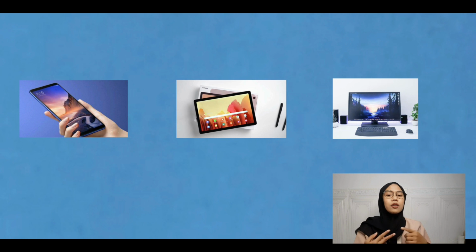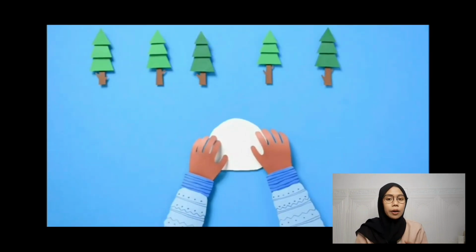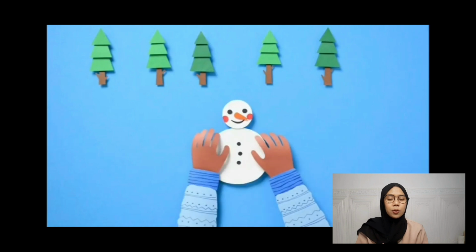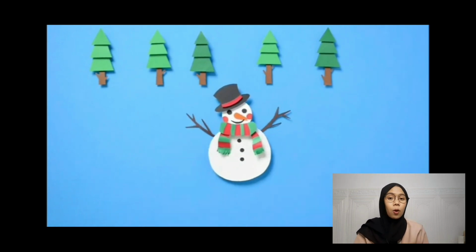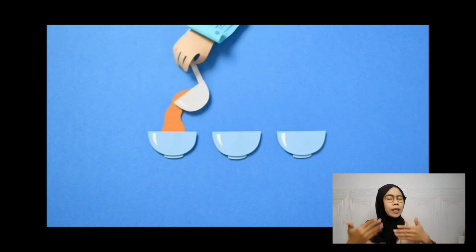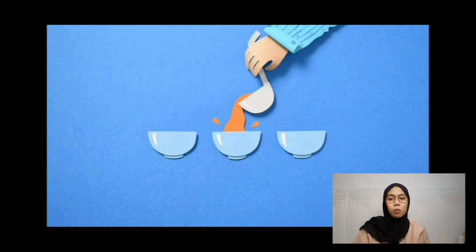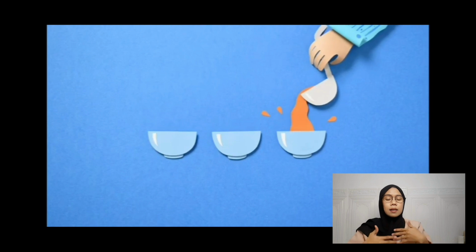If you say, I'm doing digital art, you should use your phone, your tablet, your computer, or something with technology. Like you are painting on your phone, drawing on your tablet, making animation with your computer, or editing your animation with your computer using some software.